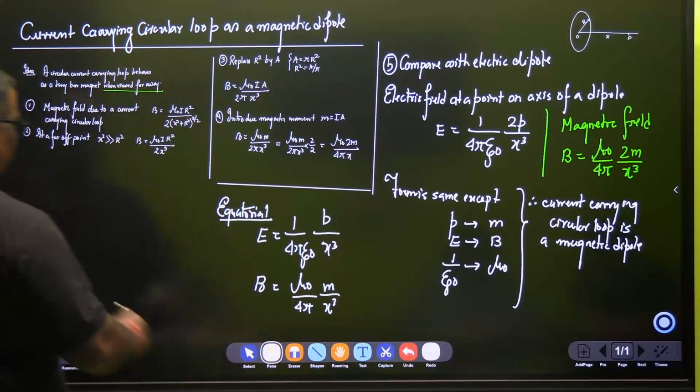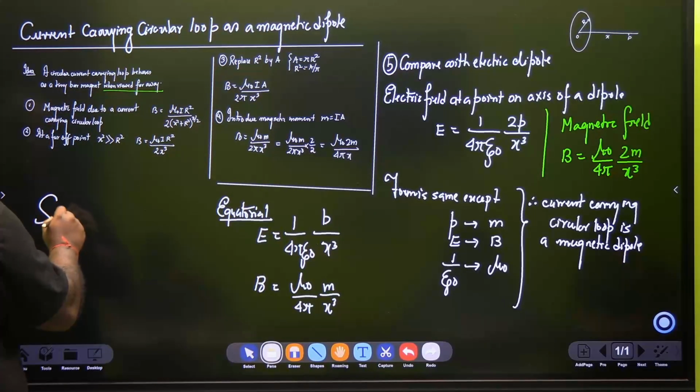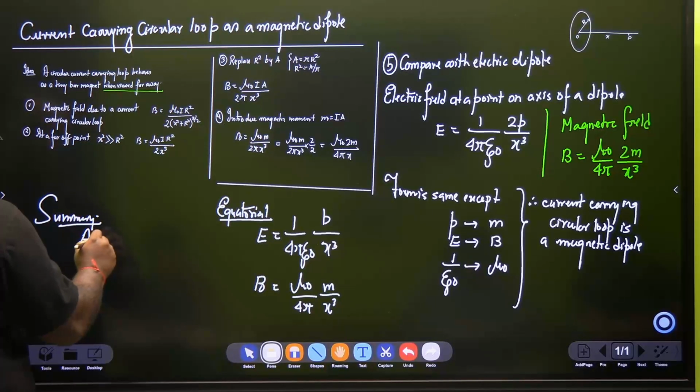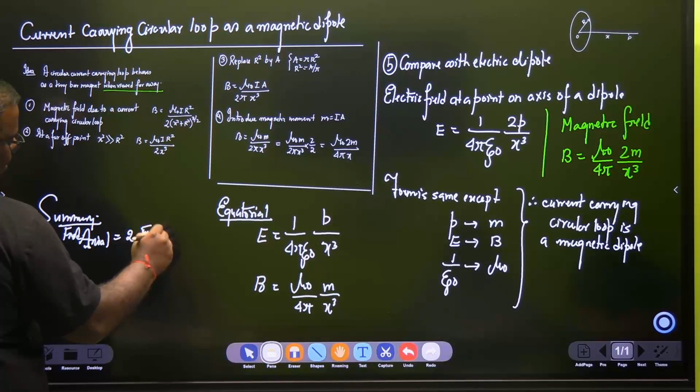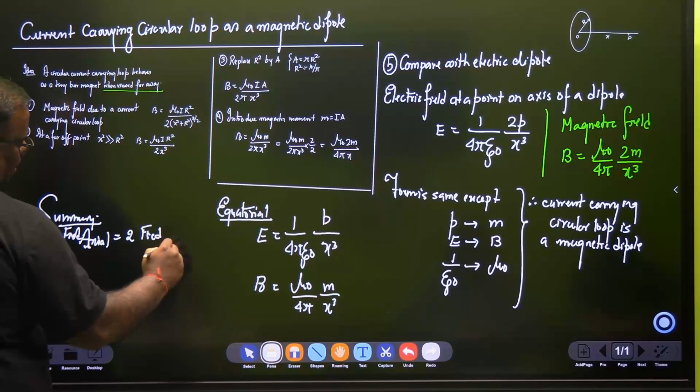So if you finally see as a summary, the field at axial is always twice the field at equatorial.